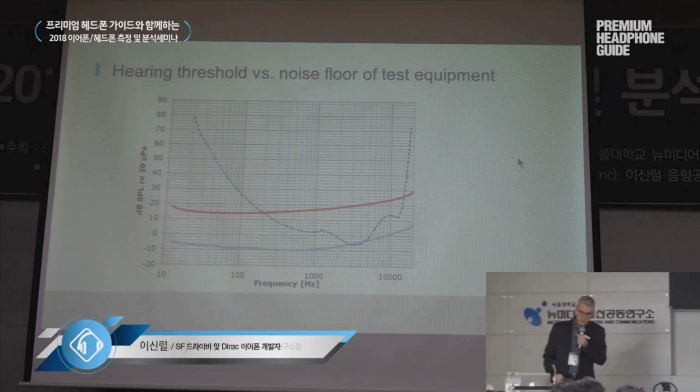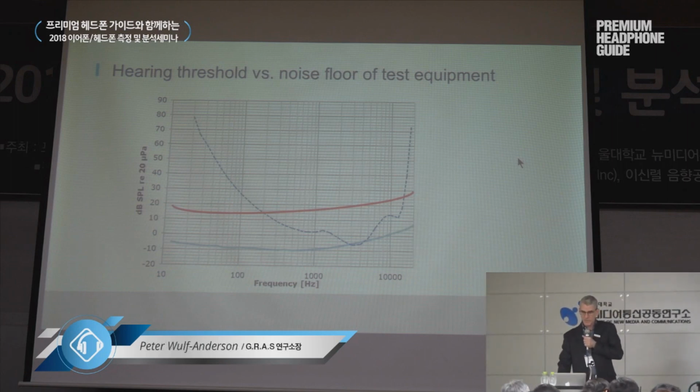So, just to give you a good picture of what's happening here, the blue dotted line here is the hearing threshold of the human ear. The red line is the traditional standard 711 coupler noise floor.